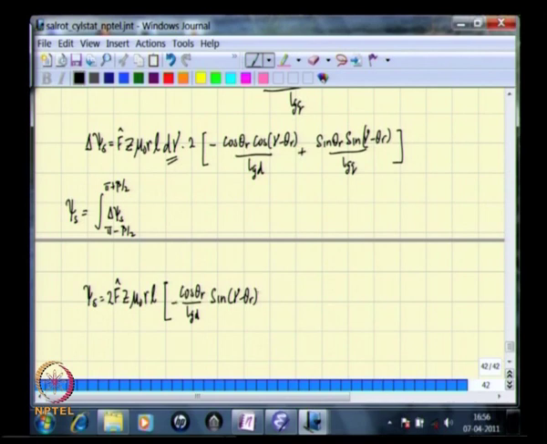The minus sign remains, going from pi minus beta by 2 to pi plus beta by 2, plus sin theta r by LGQ into cos of gamma minus theta r, and therefore this becomes minus, going from pi minus beta by 2 to pi plus beta by 2.